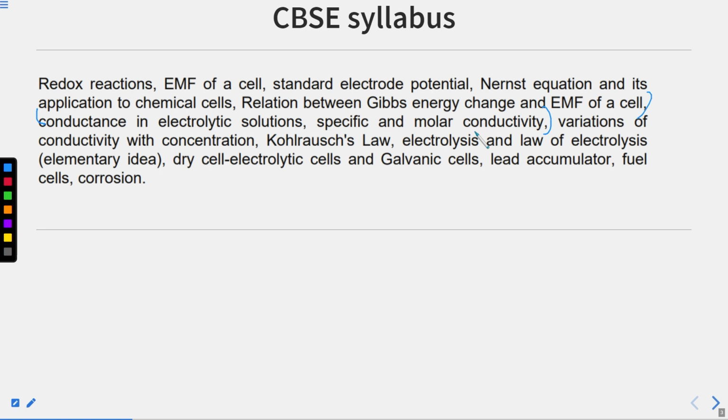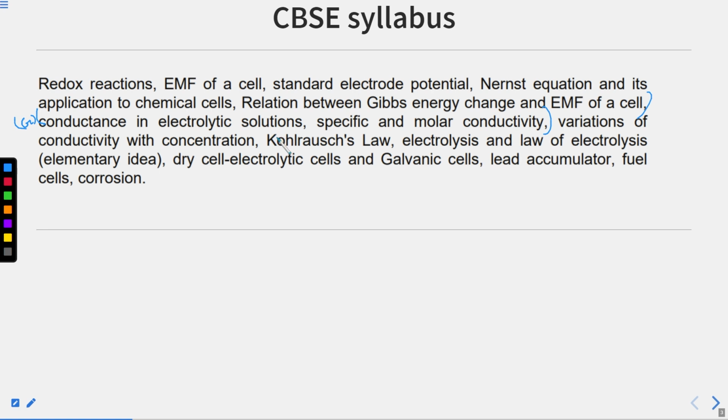The first thing was conductance. Conductance is the reciprocal of resistance, and it is the ease by which current can flow through an electrolytic solution. It was given by 1 by R, so G equals 1 by R. G was the symbol of conductance.